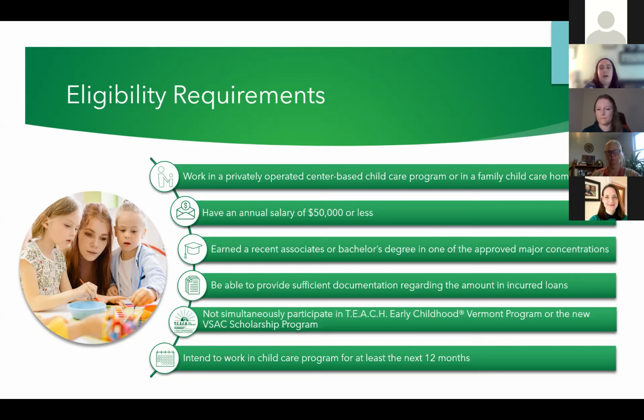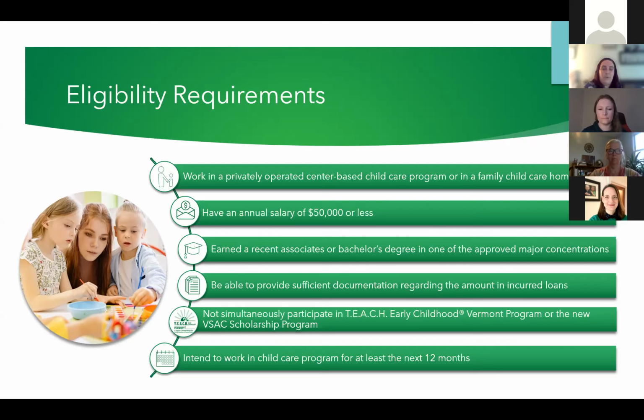The last eligibility requirement is participants must intend to work in either a center-based childcare program or family childcare home for at least the next 12 months. So along this process, you're going to communicate with us that you're still working in your childcare program by submitting what's called quarterly reports.